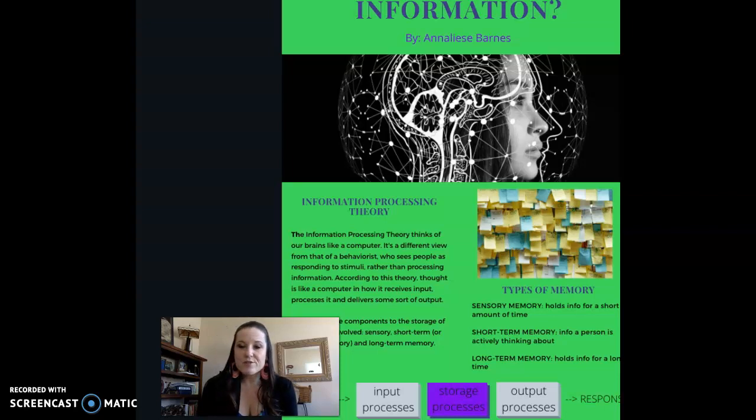Another way to improve our ability to remember information and to store it in the long term is meaningfulness. How are we going to relate that new information to information we already have?